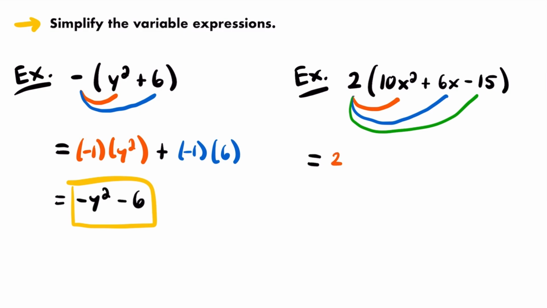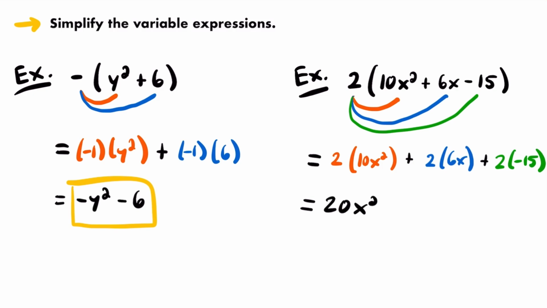We have 2 times 10x squared plus 2 times 6x plus 2 times negative 15. Okay, so we just multiplied 2 by each of those terms. Now simplifying further, we want to multiply 2 by each of those terms using our properties of multiplication. Starting with the first one here, the coefficient of the variable term is 10, so you want to multiply that by 2. 2 times 10 is 20, and so then if we keep the same variable part of x squared, we get 20x squared.